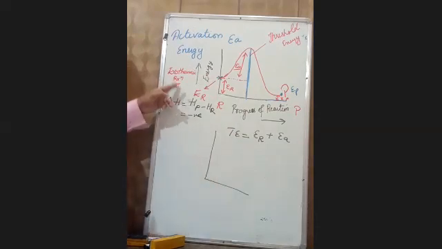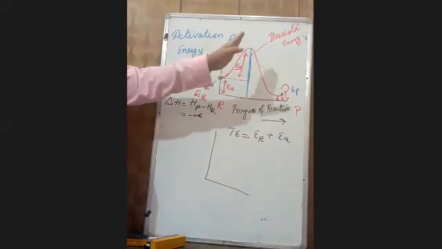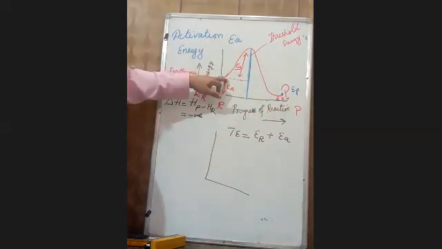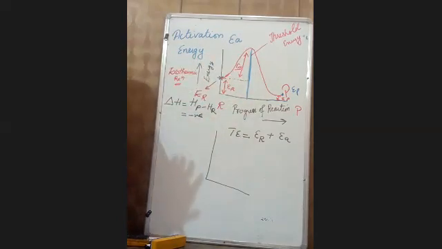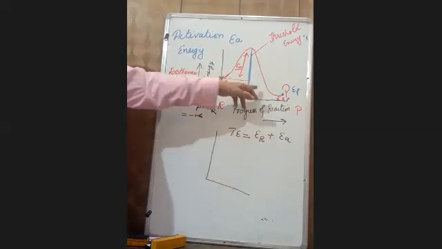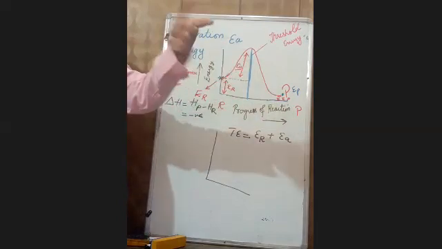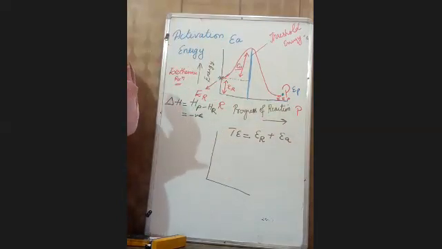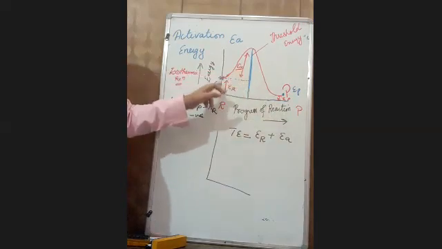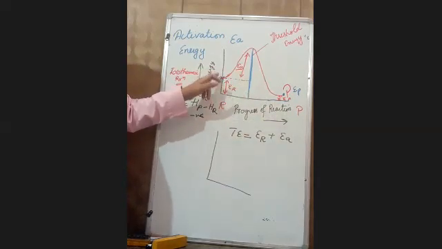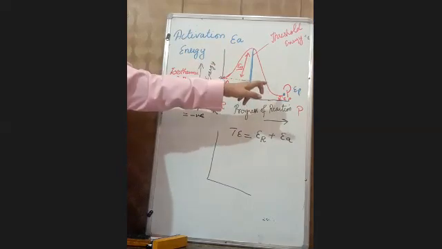For an exothermic reaction, delta H is negative. For example, in this case, you require 50 kilojoules of activation energy. And 60 kilojoules is released during the reaction. So out of that 60, 50 will be consumed in again conversion of reactant to product.